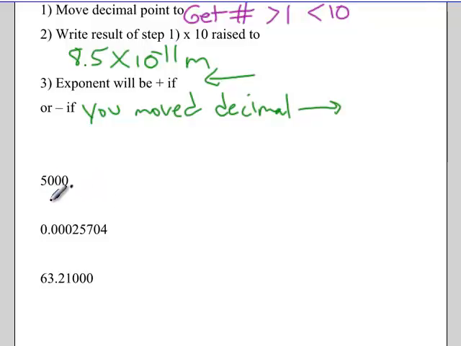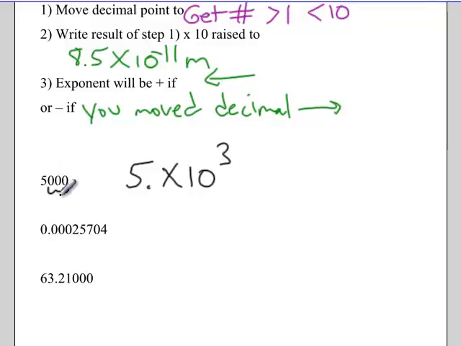So to get a non-zero digit followed by the decimal point, I have to move over 1, 2, 3 times. So I end up with 5 and then the decimal point, and then times 10 raised to the positive third power. So you don't have to write a positive exponent. You can if you want to.